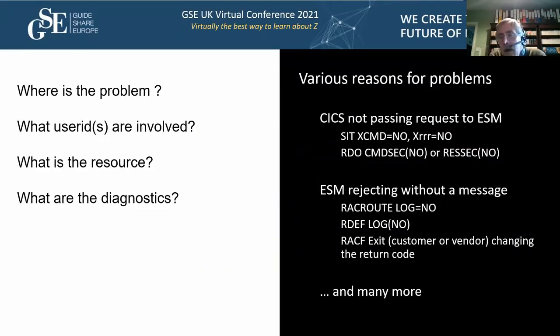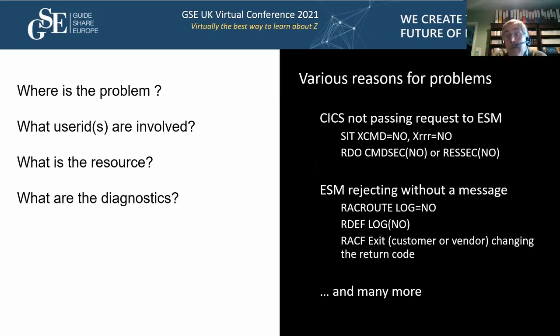So why are we having these sorts of problems? Well, CICS is very flexible in its configuration, as is RACF and other security managers. And you may not get messages coming out. There are various reasons that you don't get messages or security checks done. CICS can be defined so that security checks aren't done at the SIT level or at the region level.